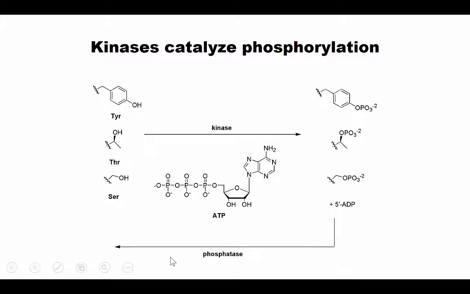The opposite direction, dephosphorylation, is catalyzed by phosphatases. But not only proteins, many other small molecules like carbohydrates or lipid molecules can also be phosphorylated by kinases. So anyway, kinases can be important targets for small molecule or drug development.